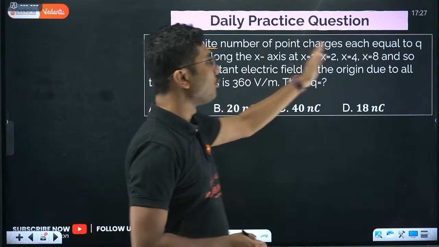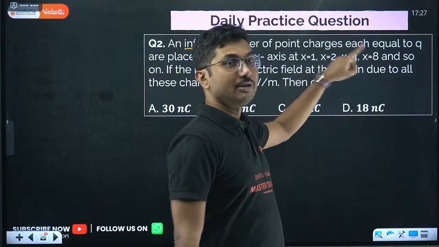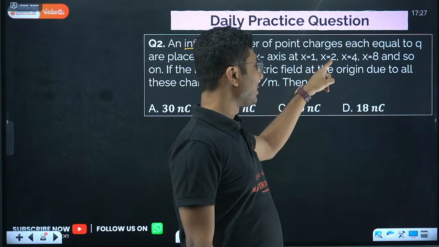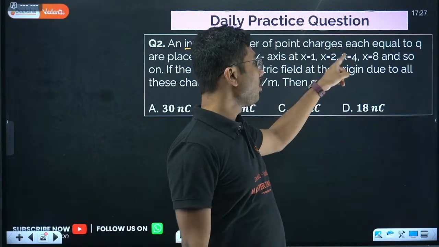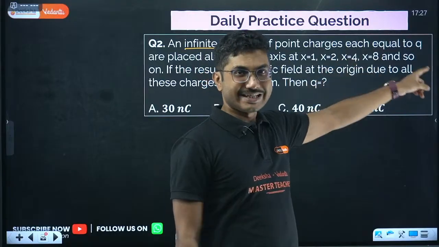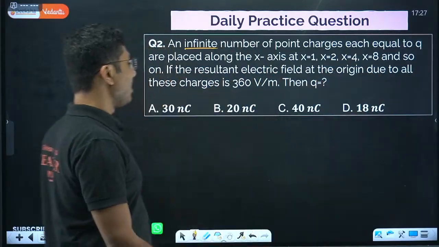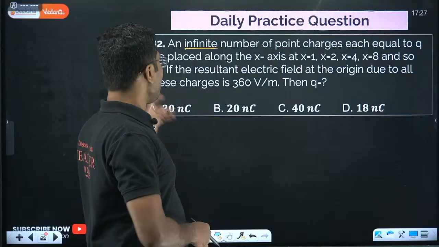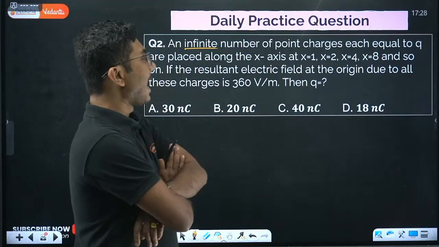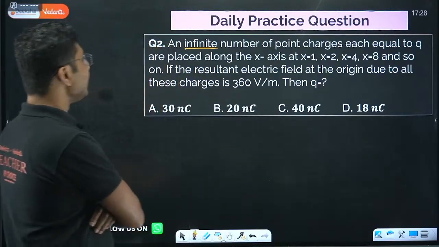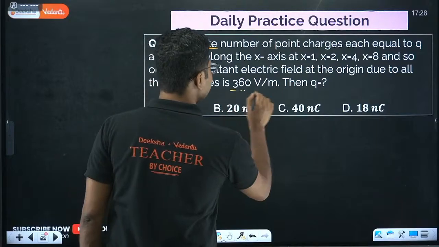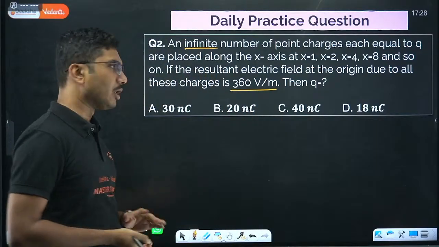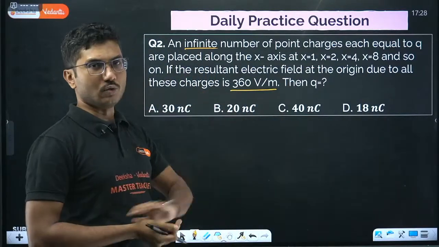So 1, 2, 4, 8. So if you see, basically it's in GP series. 1 multiplied by 2, 2 to 4, 4 to 8, 8 to 16, like that. So it's a GP series, and common factor is 2. If the resultant electric field at the origin due to all these charges is 360 volt per meter or Newton per coulomb, then what is the value of Q?